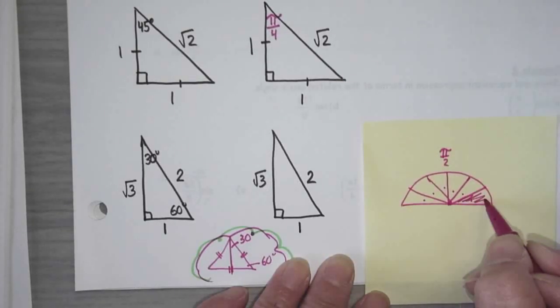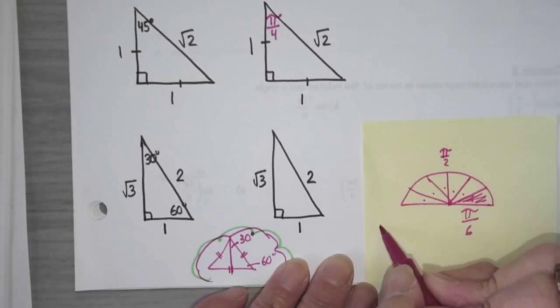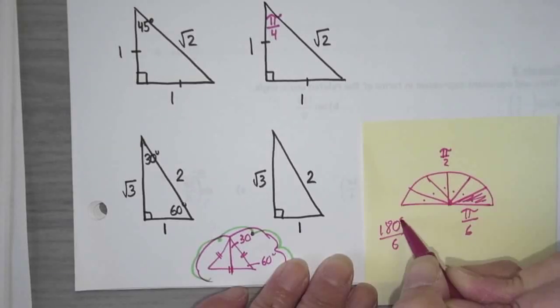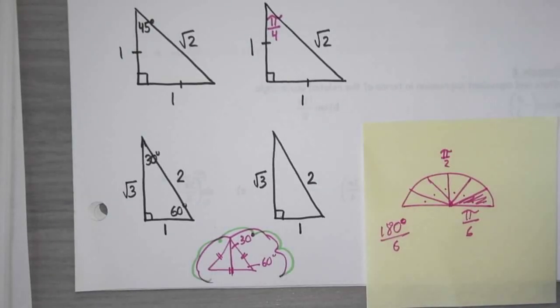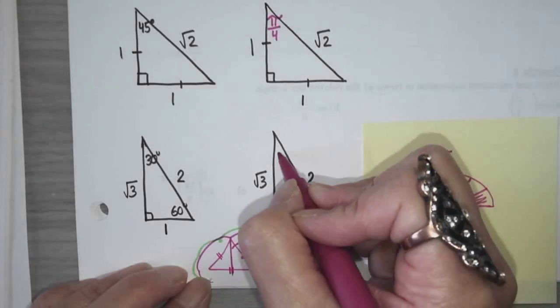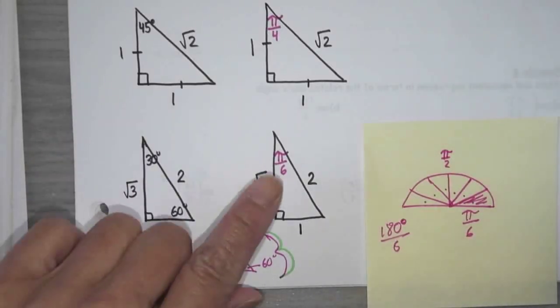So that's why one slice is pi over 6. Also, it's 180 divided by 6, which is 30. So back and forth, either way, they're both good ways to think of it. You want to be flexible and think of it both ways. So 30 is pi over 6.